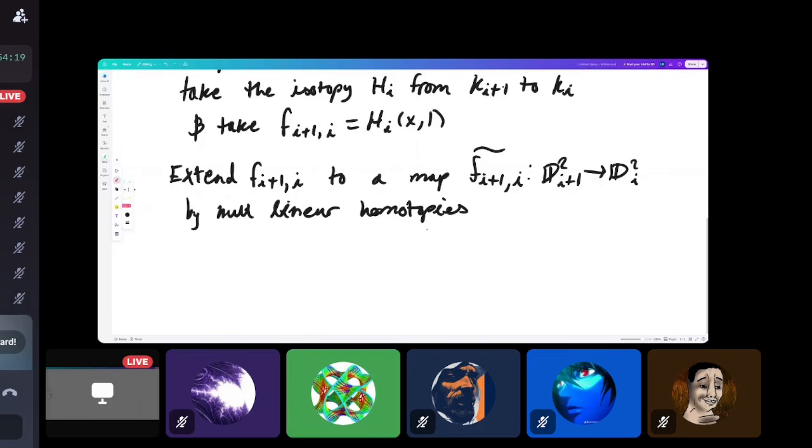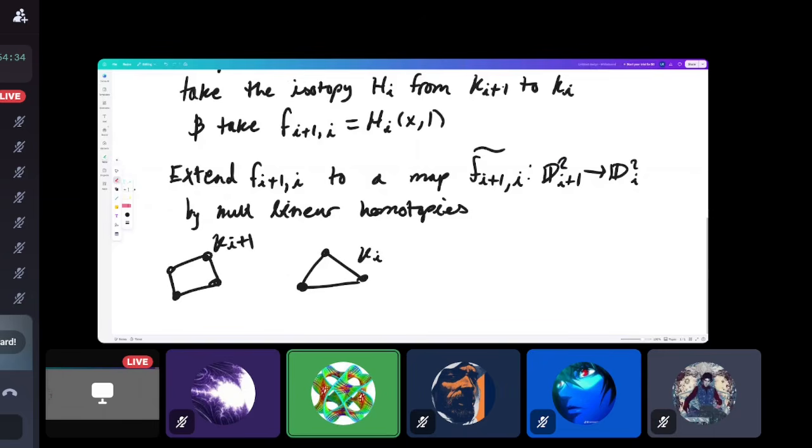Okay. So what we did is we might have an approximation of our knot here. Maybe this is Ki, and this is maybe K(i+1). It's a better approximation of our knot.